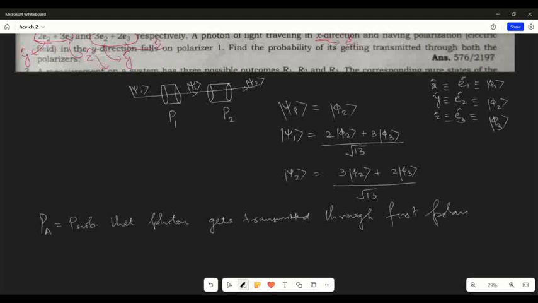This PA will be basically the inner product of the initial state, psi I, with the transmission axis of the first polarizer, psi 1. And since this gives the probability amplitude and we have to find the probability, obviously mod square.